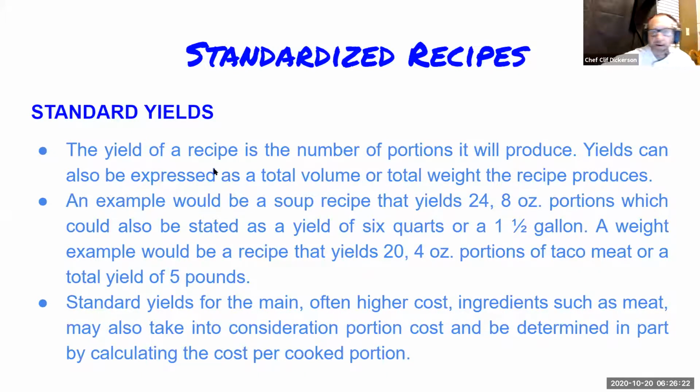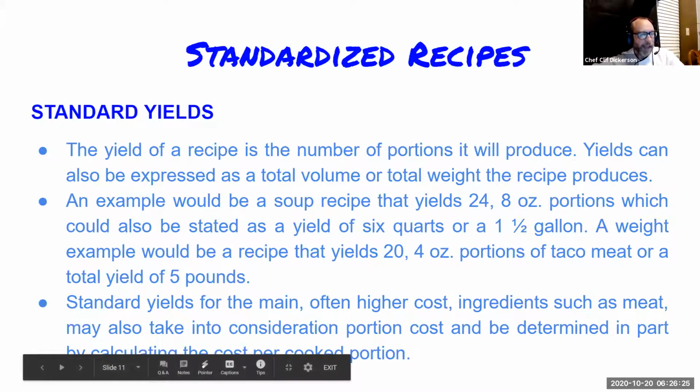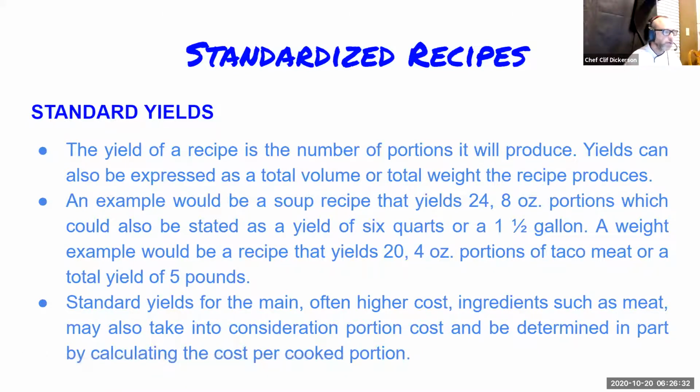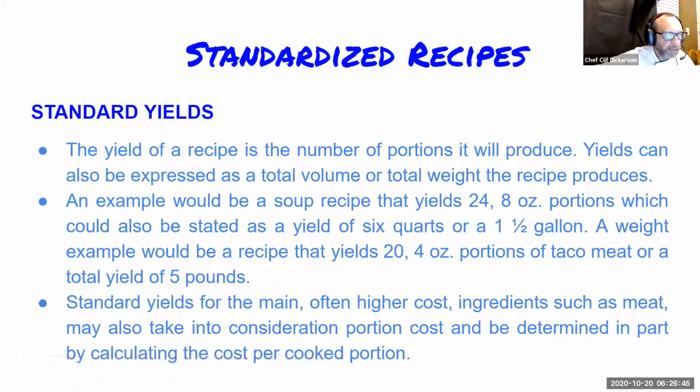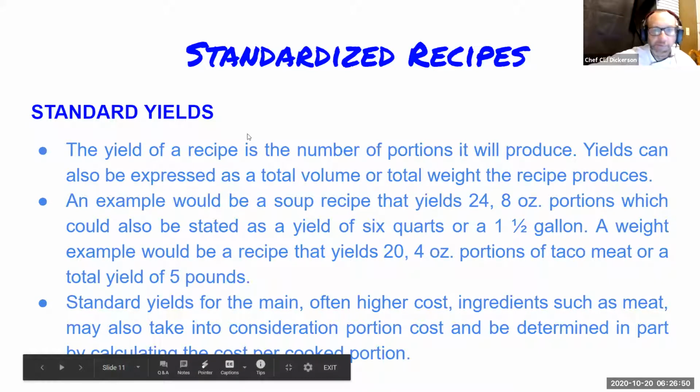That's a yield. Portions could also be stated as a yield of 6 quarts or 1.5 gallons, whatever yield you're getting. So you need to make sure you put that.